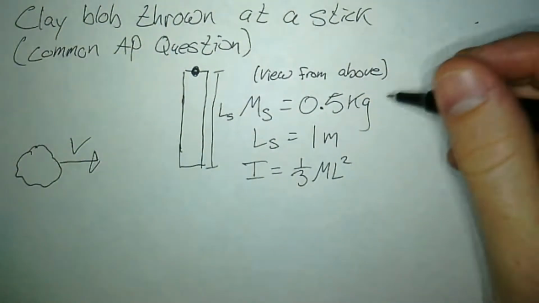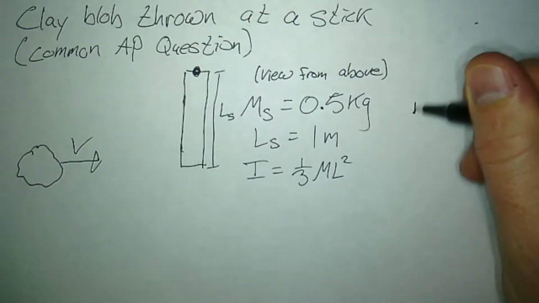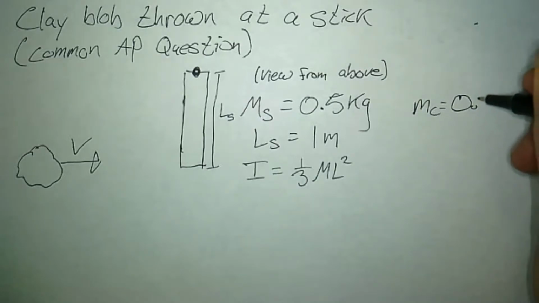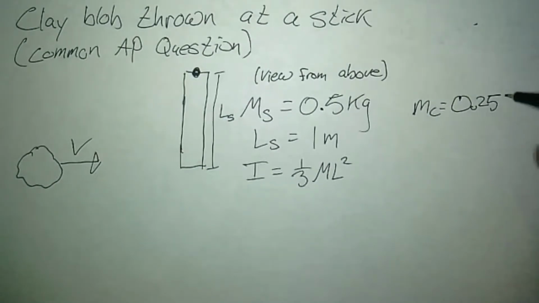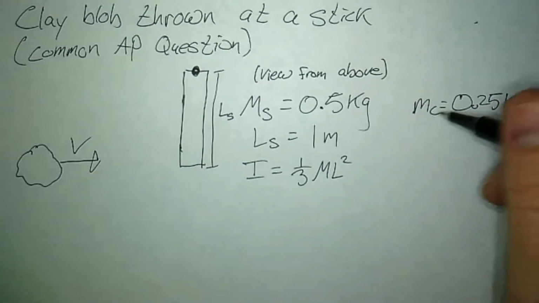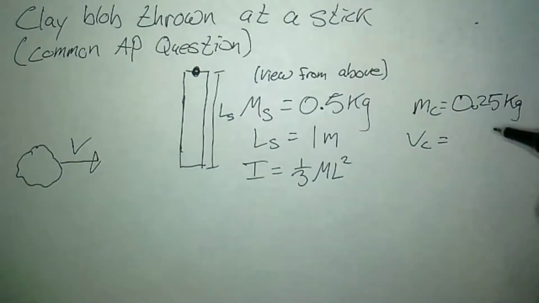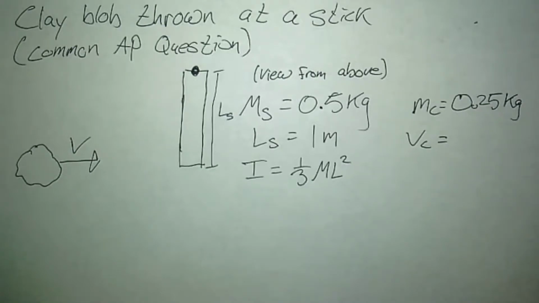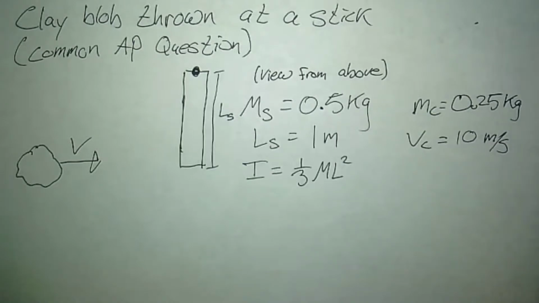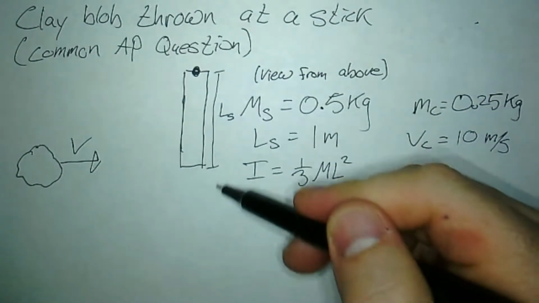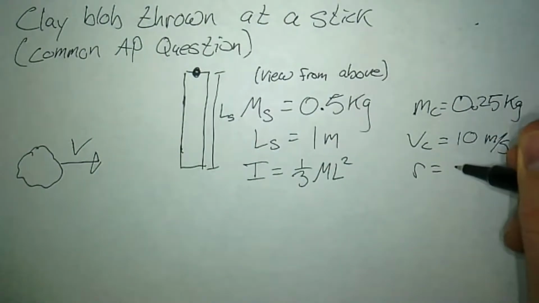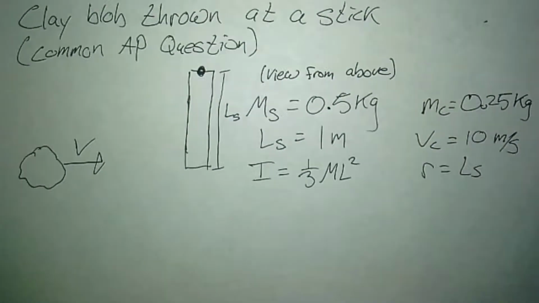Now for the clay, the mass of the clay is going to be 0.25 kilograms, because apparently I wrote 5. And the velocity of the clay, if you're throwing it, let's just say 10 meters per second. That's a nice number. It is going to hit at the end of the stick, a full ls away, so R equals ls.